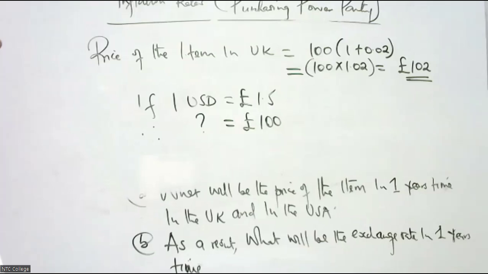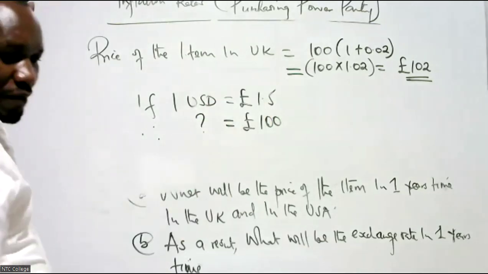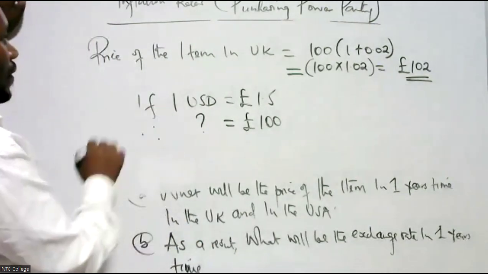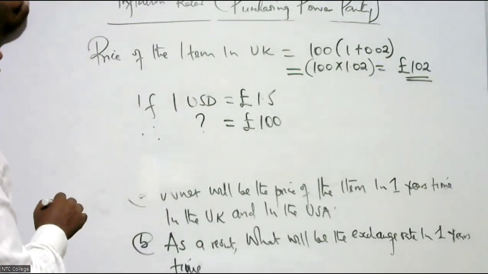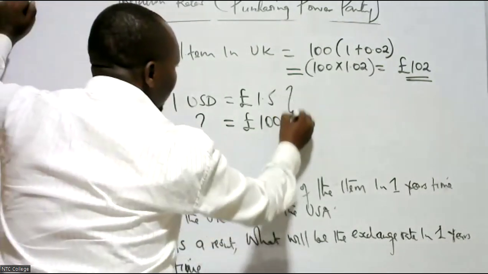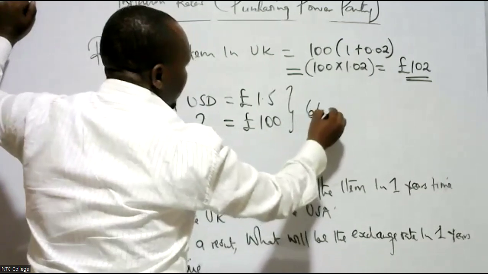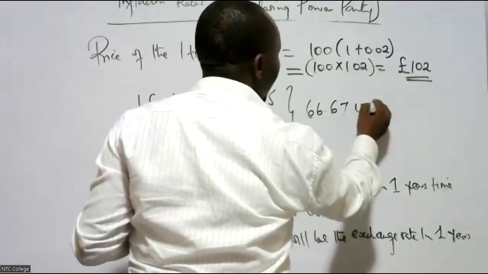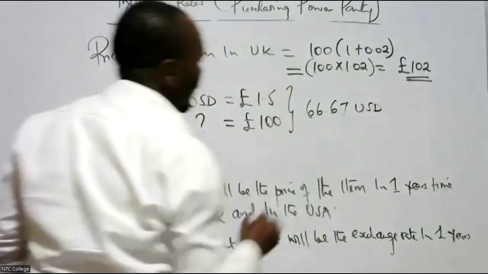So we are going to have that. Yes, so that is 66.6. That is 66.6, 0.67 US dollars. All right.